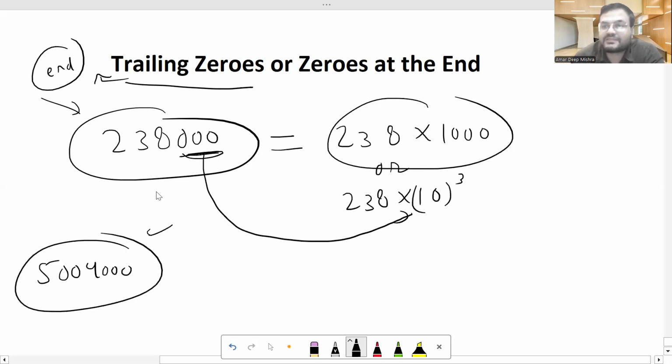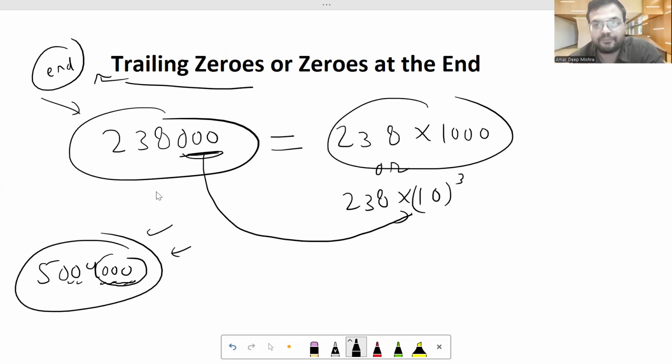If somebody asks you how many zeros are there in this number, you will say 5 zeros: 1, 2, 3, 4, 5. But in the context of aptitude, if in an exam they ask you to tell the number of zeros in the given number, you have to tell them there are 3 zeros. Why? Because by default, they're asking you to find out the number of trailing zeros, the number of zeros at the end. I hope this is clear.